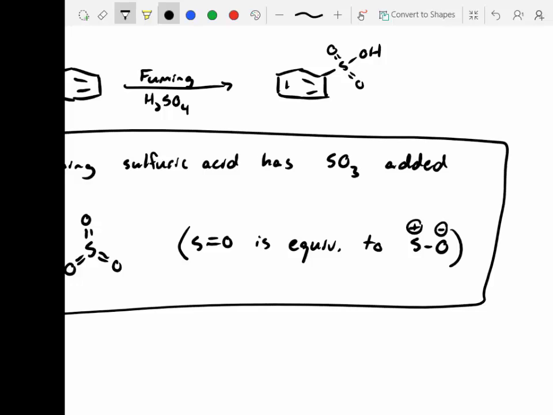So is sulfur trioxide a good electrophile? Yeah, definitely. That sulfur has mostly positive character, so it's going to be a super good electrophilic site.